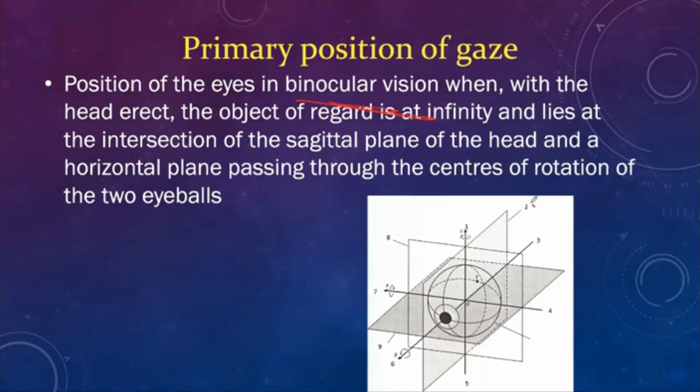This sagittal plane of the head will intersect with the horizontal plane, which is number 4, passing through the center of rotation of the eye, which is here. So if we are looking binocularly at a target at infinity, while the eyes are maintaining a position in which the sagittal plane will intersect with the horizontal plane at the center of rotation, then this is called the primary position of gaze.